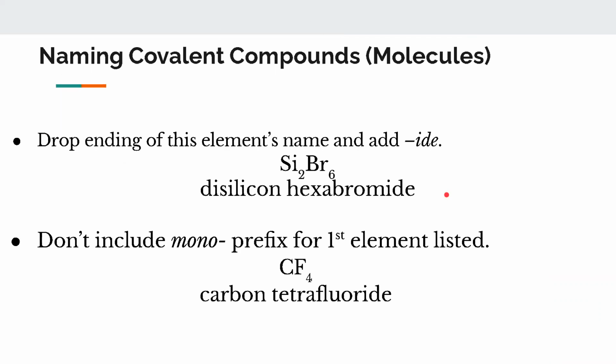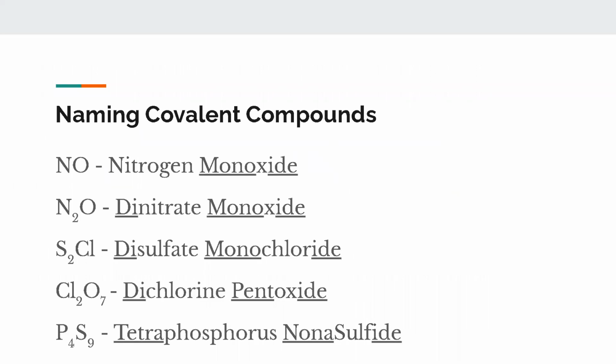For example, disilicon hexabromide, you add IDE to the end of the second element, or carbon tetrafluoride, and you never add mono in front of the first element. So NO would be nitrogen monoxide, N2O would be dinitrogen monoxide, and so on.